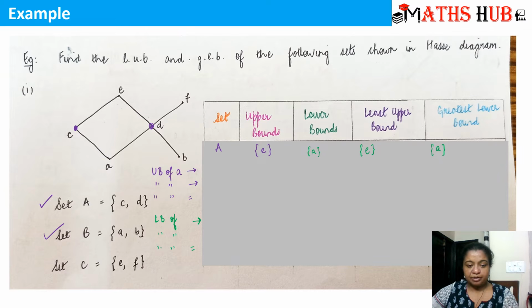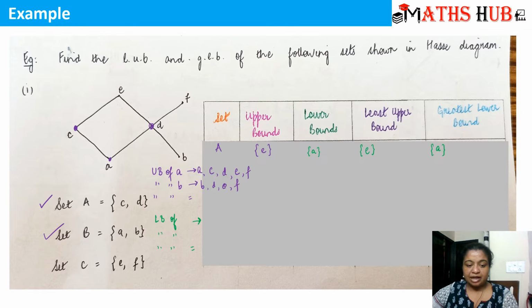So who are the upper bounds of element A? The upper bounds are A, C, D, E and F. Who are the upper bounds of the element B? Upper bounds are B, D, E and F.